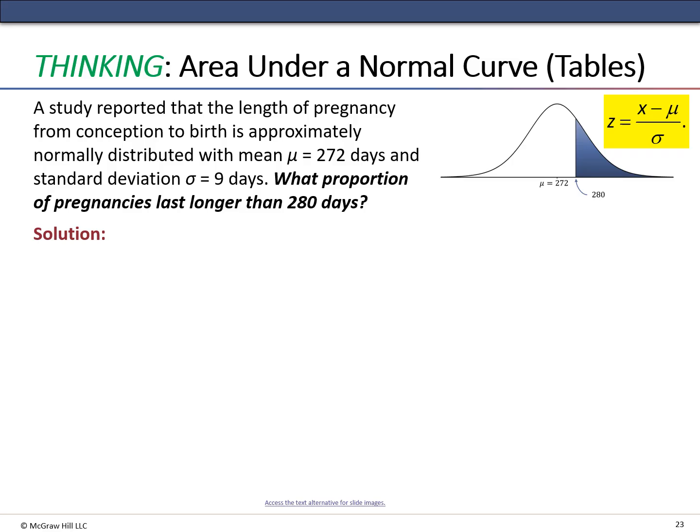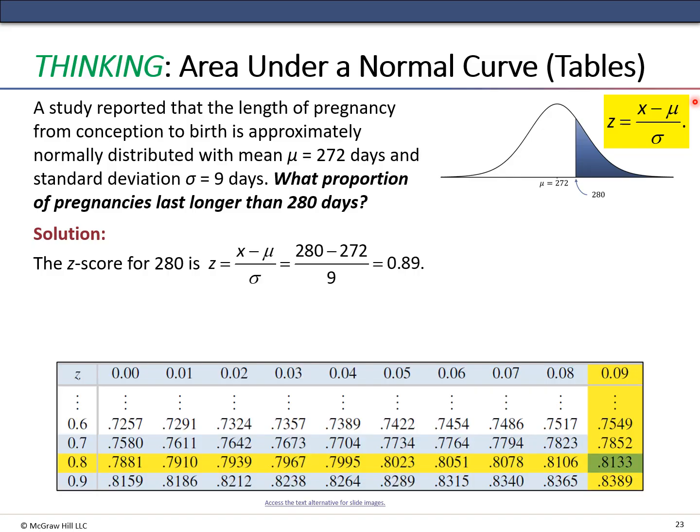All right, try another one. Hit pause and see if you can do this. It's the same problem. Here we're asking what proportion of pregnancies last longer than 280 days. So when we calculate the z-score, we're expecting this to be positive. When we calculate that z-score, we get 0.89. Again, our x value is the marker we're looking for, 280.